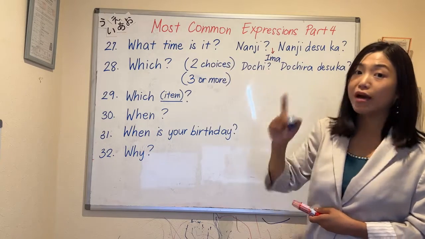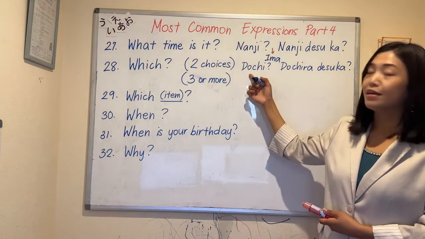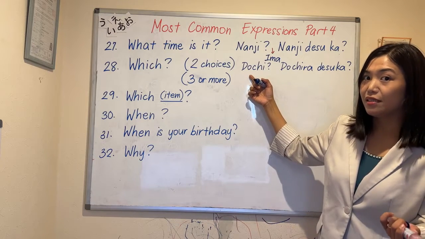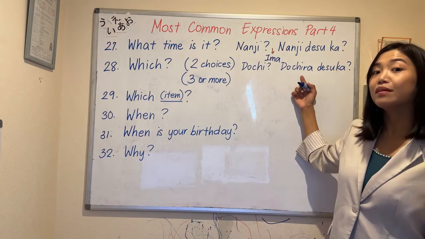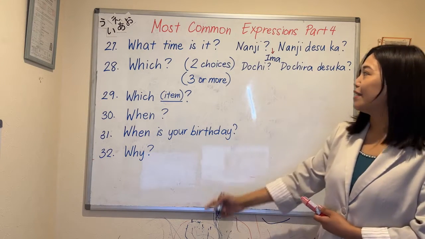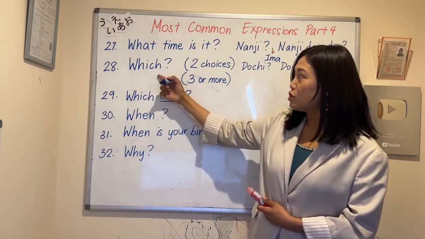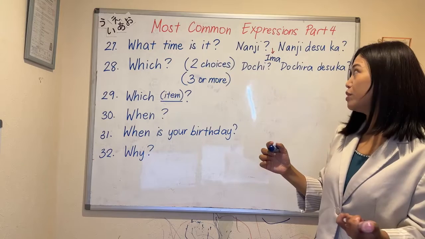Again, if you have 2 choices, you want to ask which one, say dochi, the casual way, or the polite way, dochira desu ka? Now, which, when you have 3 or more choices, is going to be different.